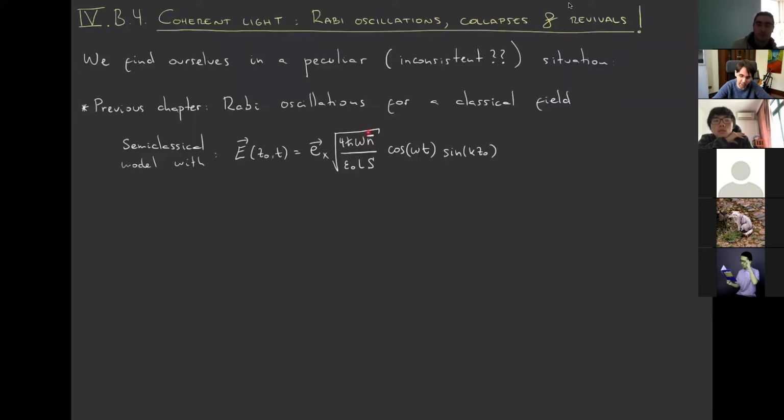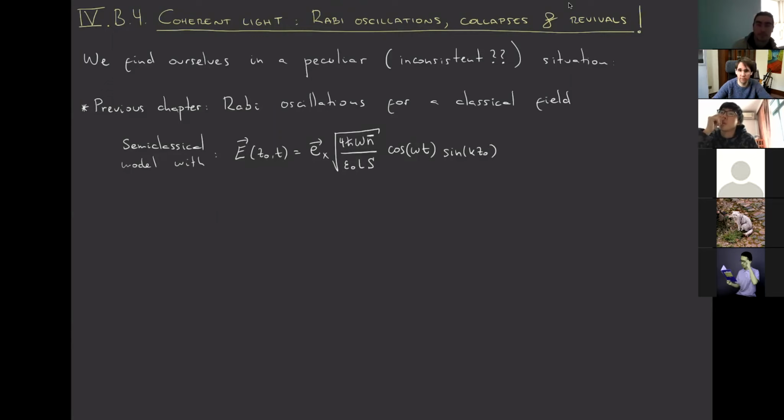But this is just a parametrization of the amplitude of the field, okay? So we have a field that oscillates at frequency omega, okay? So it's a standing wave of the cavity that oscillates at frequency omega, and it has an amplitude that we have normalized in the way that we just define the amplitude by some parameter average n, okay?